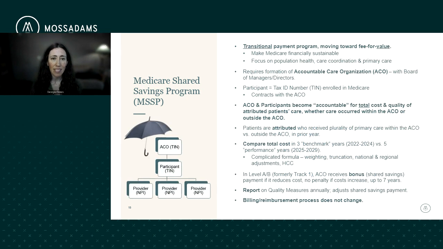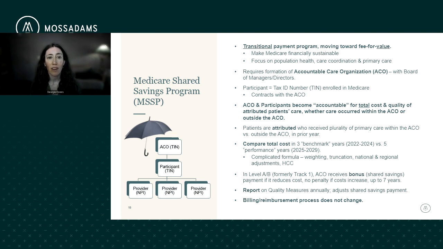So this is a transitional program. It's not necessarily meant to last forever. It's hard to earn shared savings forever, but it is about transitioning from that fee-for-service notion, which is just about volume, toward fee for value, where providers are earning a reward for reducing the total cost of care and delivering high quality care.